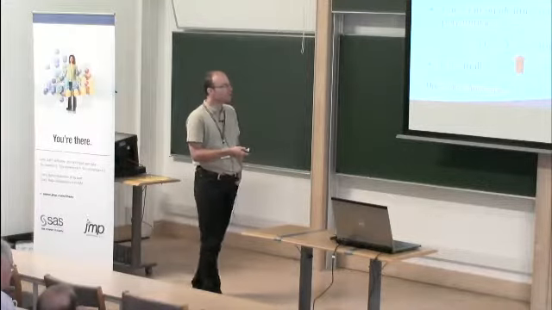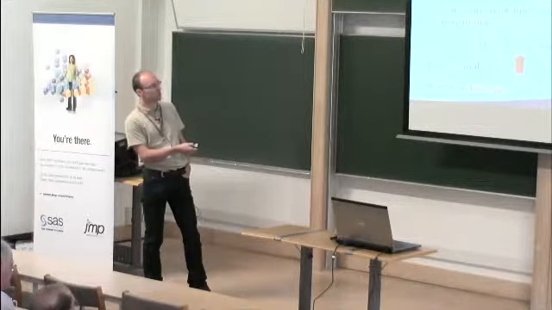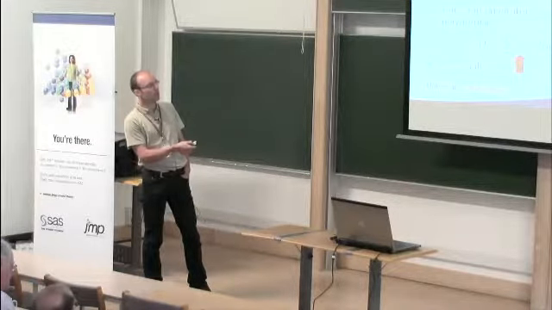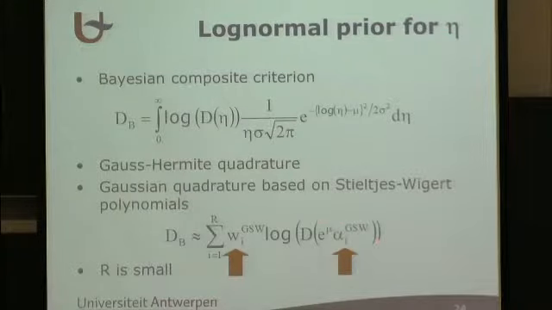And how should we use the abscissas? Well, we need to take these abscissas, which I denoted by alphas, and multiply them by e to the power mu, and the mu is the first parameter of our log normal prior distribution. And then we need to evaluate our composite criterion in this specific value, e to the power mu times the abscissa. And then that function evaluation gets this very specific weight W.